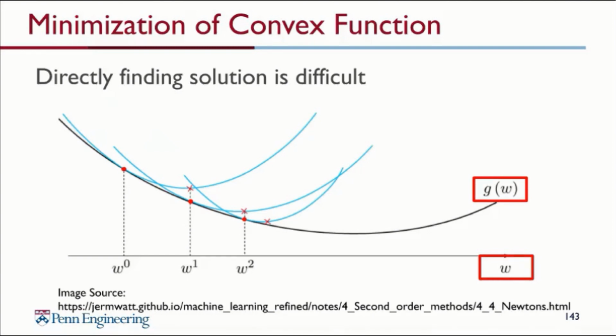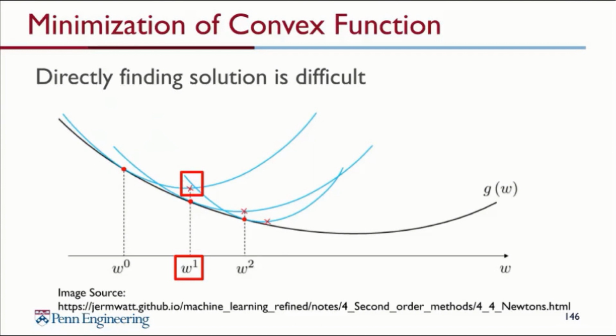So instead, we use an iterative process where we start from some initial guess w0, and approximate the objective function around this initial solution, shown as the blue parabola intersecting the objective function at the point w0.